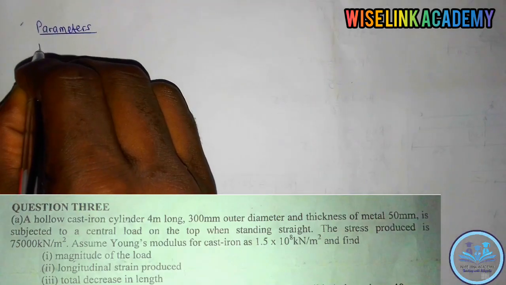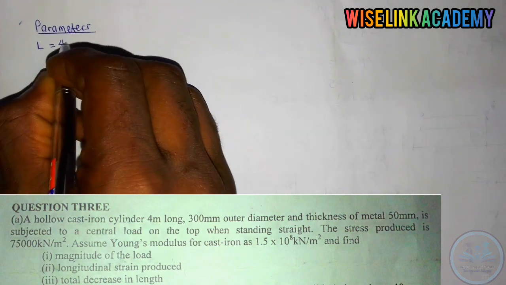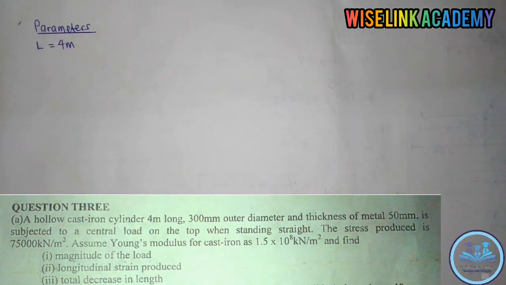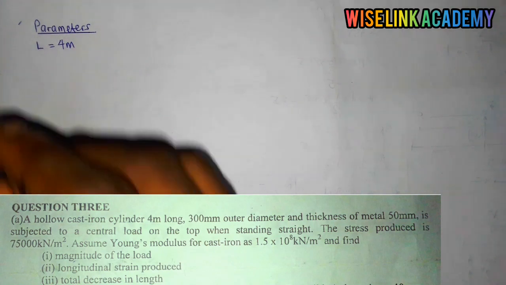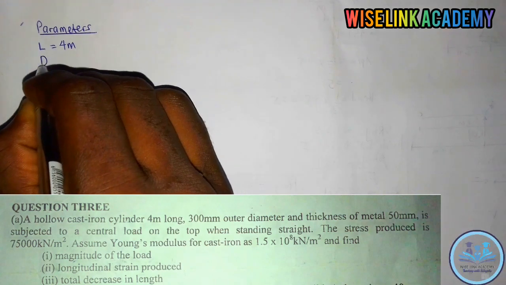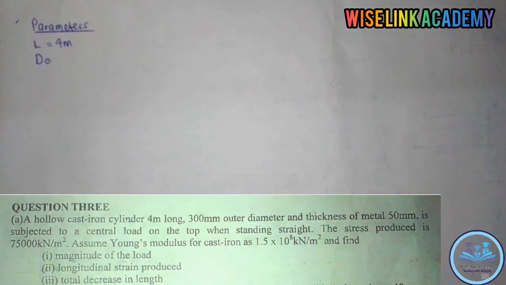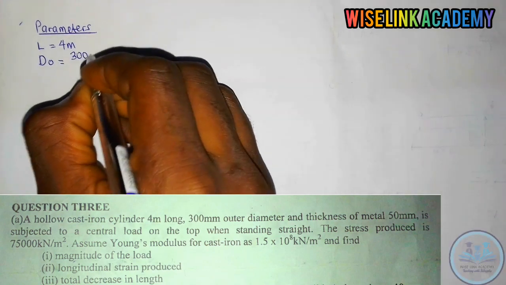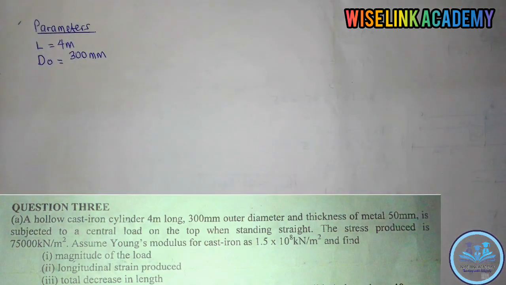They gave us the length to be 4 meter, isn't it? So 300 millimeter outer diameter. Can you see that? You have the outer diameter, it is DO, is 300 millimeter, isn't it?